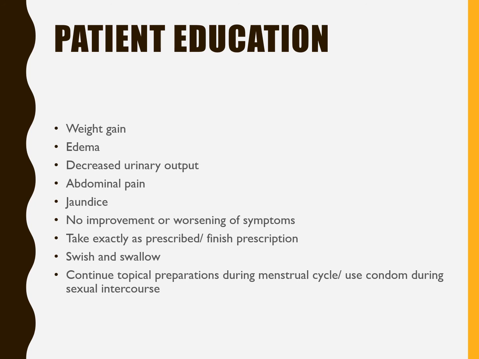Jaundice, especially with that rifampin, remember that can really affect their hepatic function and lead to jaundice, or hepatitis problems. They should report if they don't have any improvement or if they experience worsening of their symptoms. Again, just like the antibacterials, they should take all of these medications exactly as prescribed, and they should finish their whole prescription. Don't stop taking it just because you feel better.